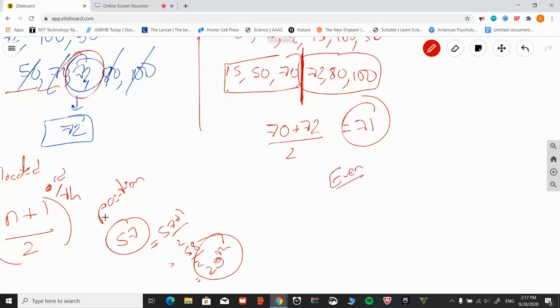Whenever we're dealing with an even number of values, the median is the average or the mean of the n by 2th number and the next number.